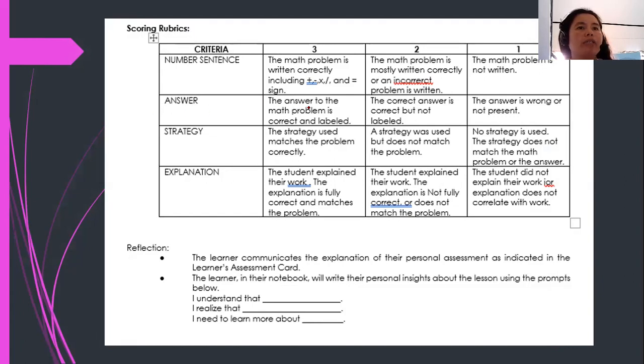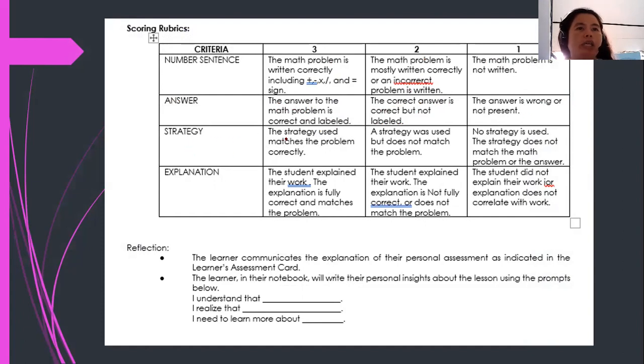Answer. 3 points, the answer to the math problem is correct and labeled. 2 points, the answer is correct but not labeled. And 1 point, the answer is wrong or not present.